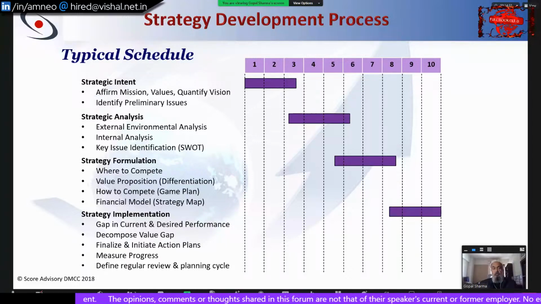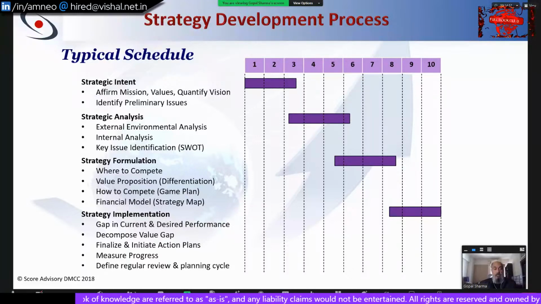So you continue with the previous year's strategy if it is a running business. You relook at whether our existing markets are sufficient or we need to go to some new markets to explore, to spread and to improve our revenues and profit. That kind of decision you need to take if you have an existing business.